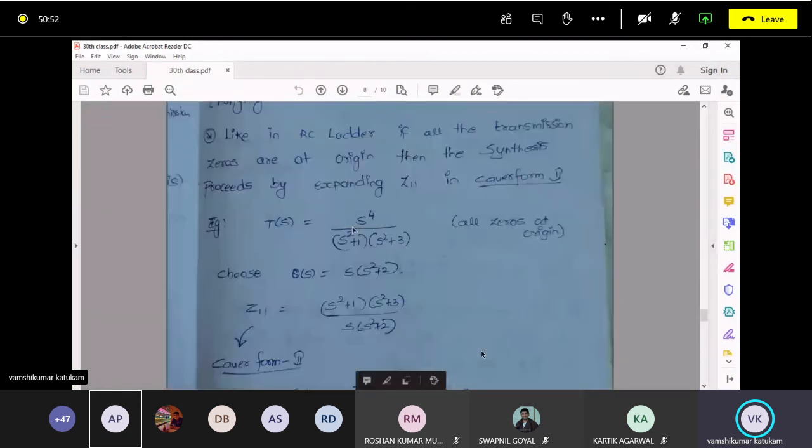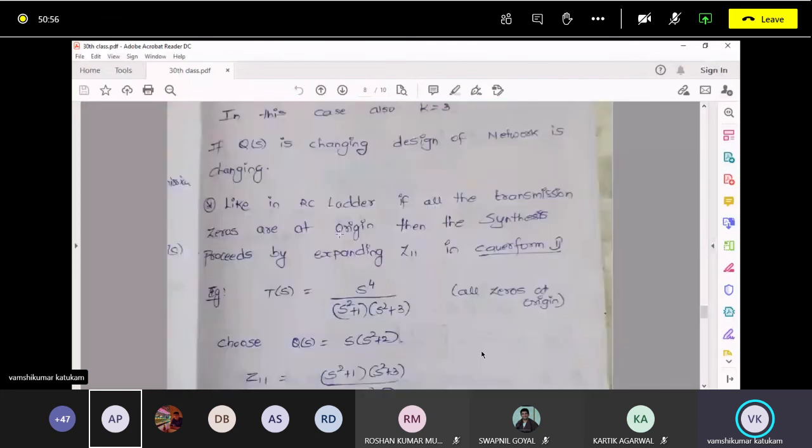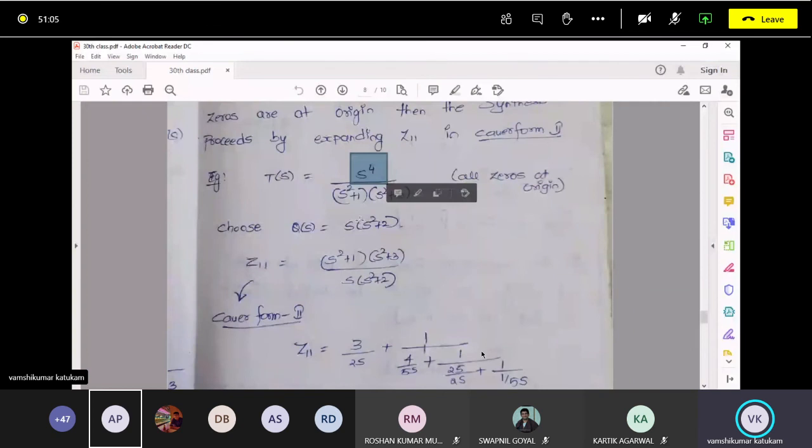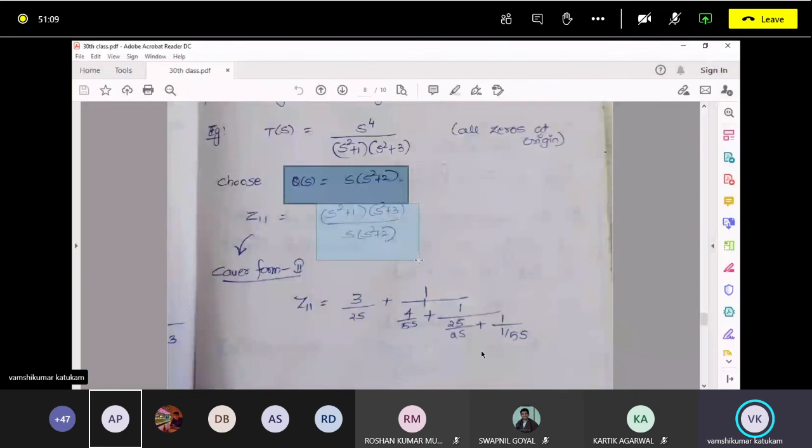Like in an RC ladder, if all the transmission zeros are at the origin, which I discussed today, then synthesis proceeds by expanding in Cauer form 2. So you have all zeros at the origin, but you choose Q of S which is interlacing, and the driving point function will be the same, but you will convert it into Cauer form 2.